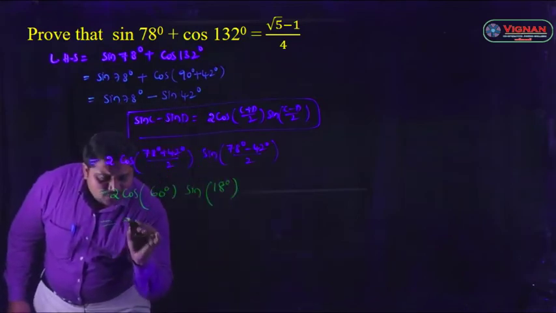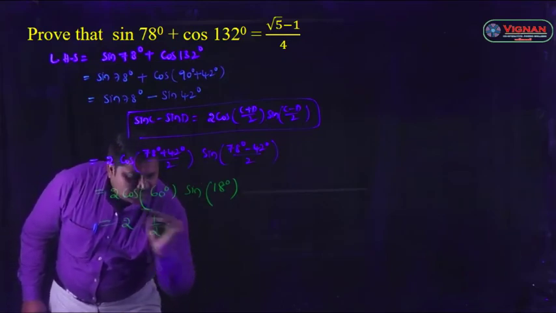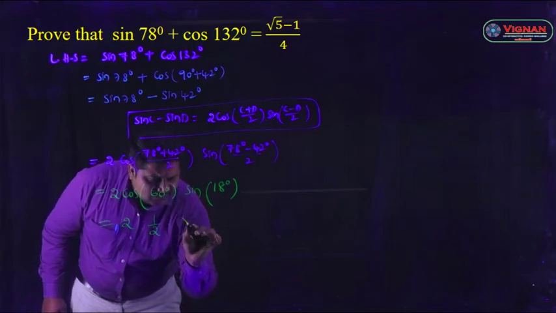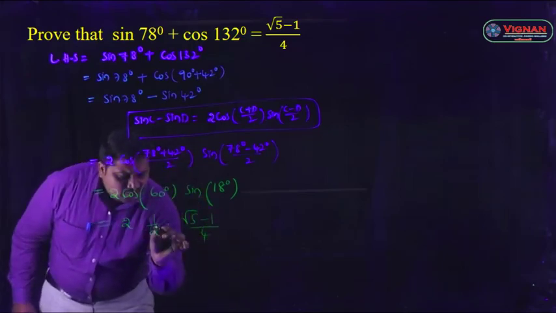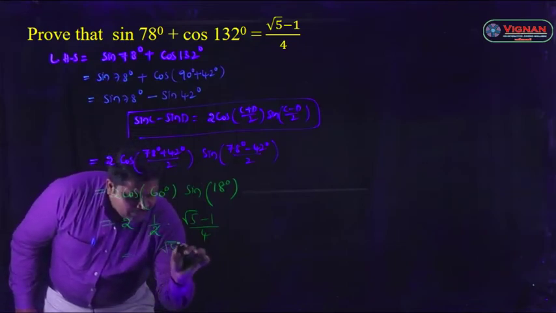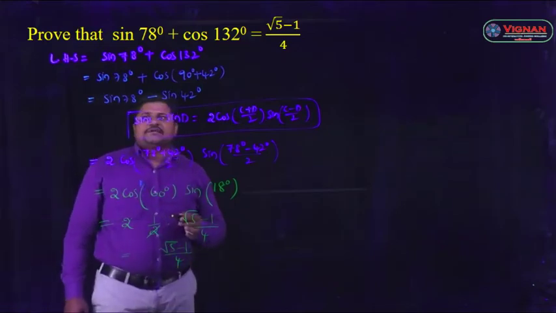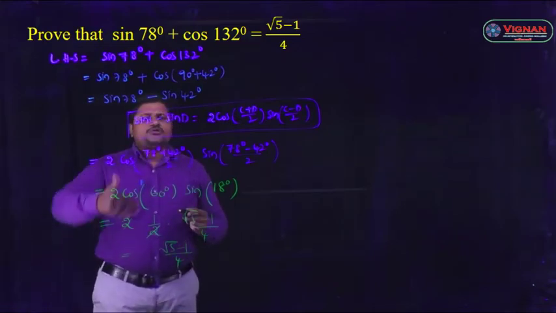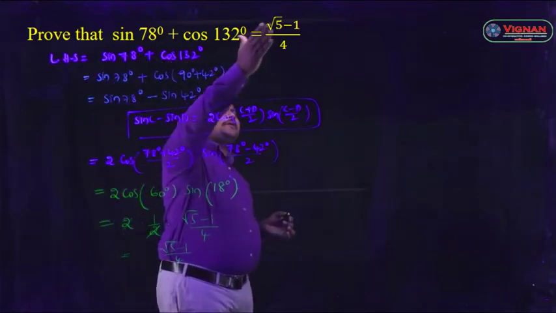Here 2 cos 60 degree is equal to 1 by 2. Sin 18 degree is equal to root 5 minus 1 by 4. Here 2 gets cancelled. Then we get root 5 minus 1 by 4. This is the answer. We have proved that sin 78 plus cos 132 is equal to root 5 minus 1 by 4.